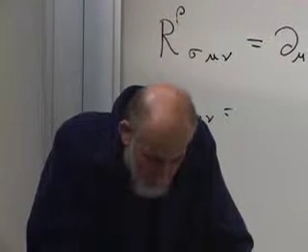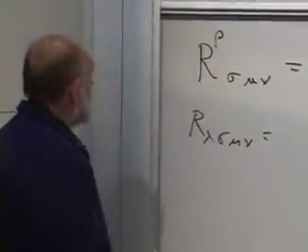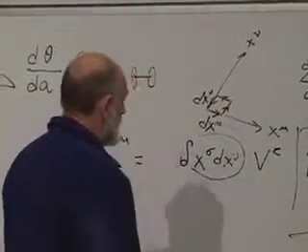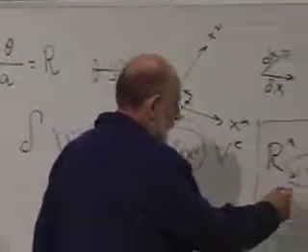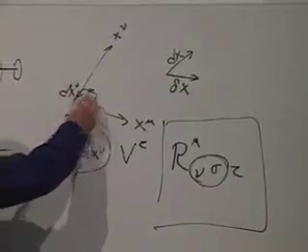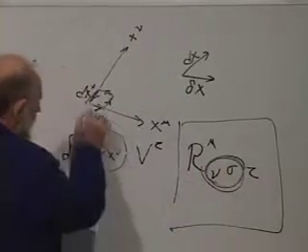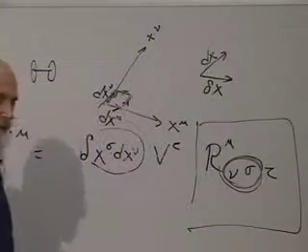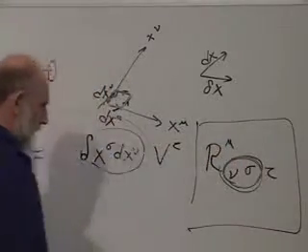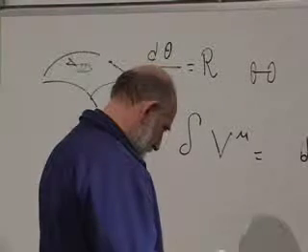Okay, so let me tell you what the symmetries are. First of all, remember it's the two middle indices which have to do with the plane that you go around in. The two middle indices parameterize the plane that you move around in, the mu sigma plane. Let me just check it.